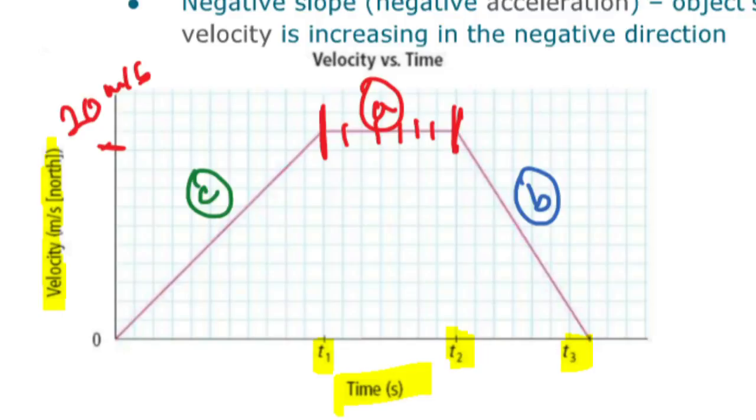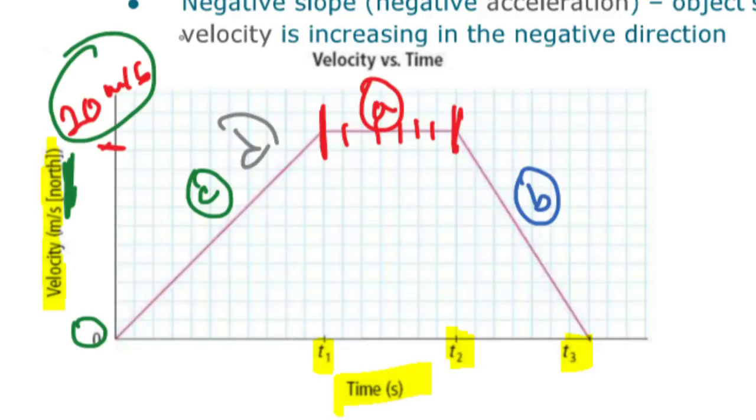And then object increasing its velocity north. So if I look, I can see that the velocity is being measured north. I probably have a 0 velocity down here. I said this is 20, could be anything. So it's increasing its velocity going north over here, and decreasing its velocity north, that would be over here with our negative slope.